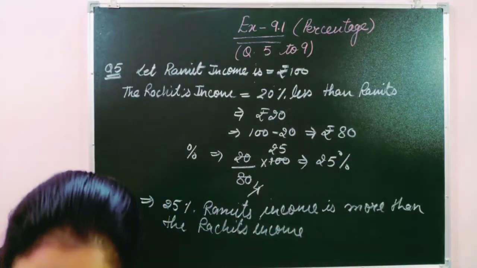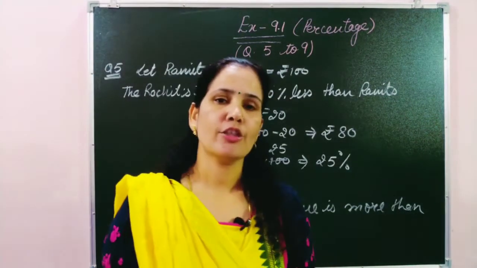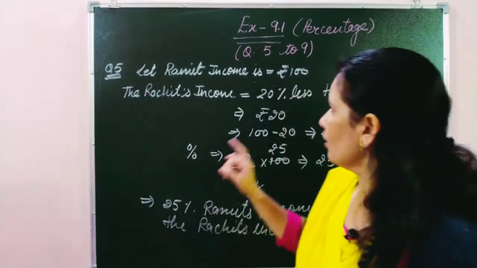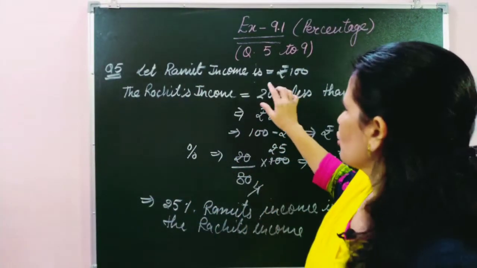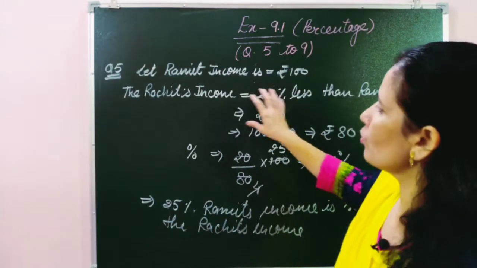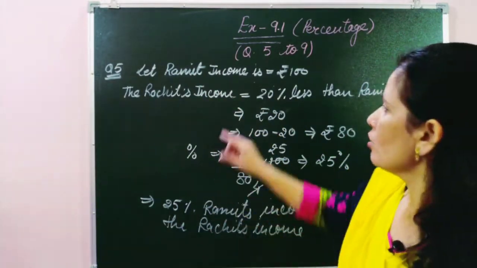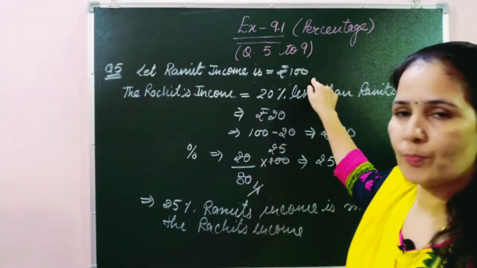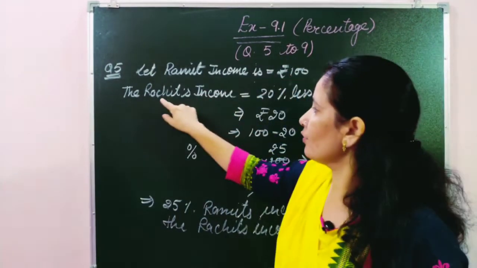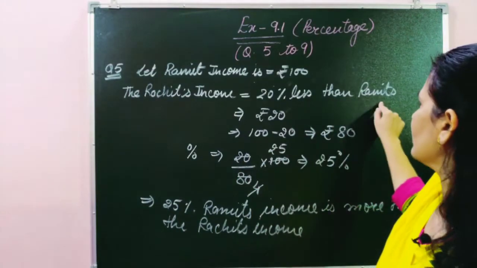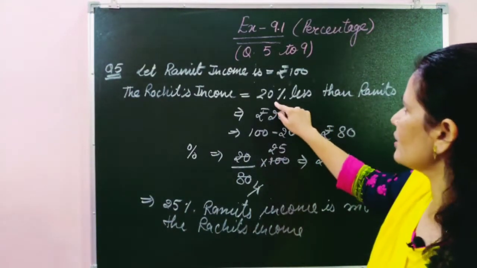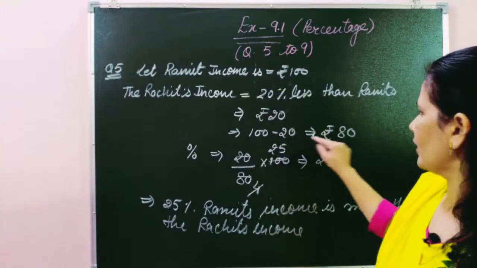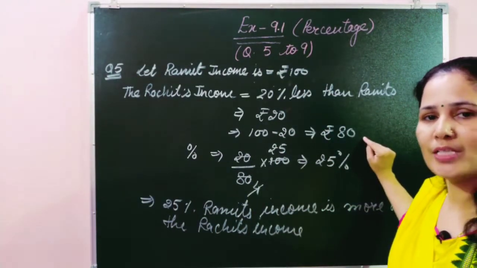Okay students, I am going to repeat this question again. In this question there are two persons, Ramit and Rachit, and they told that Rachit's income is 20% less than Ramit's income. First of all we assume Ramit's income is rupees 100, and then Rachit's income is 20% less. 20% of 100 is rupees 20, and 100 minus 20, Rachit's income is rupees 80.